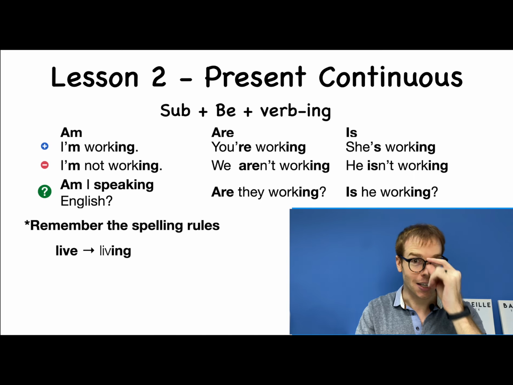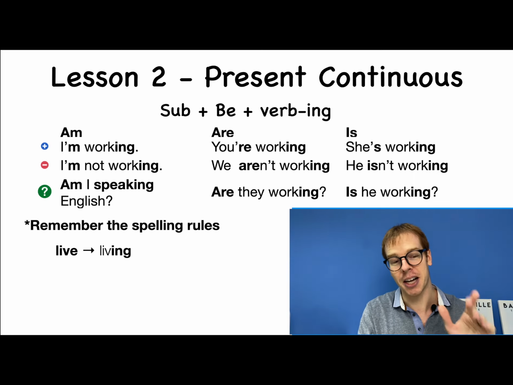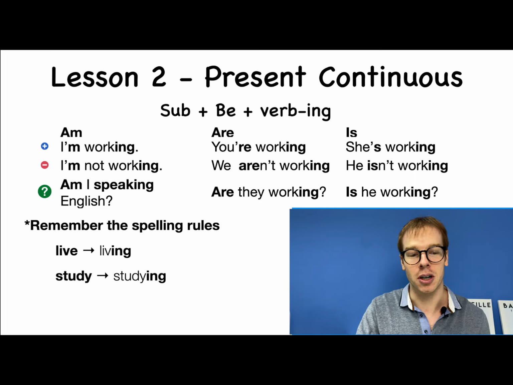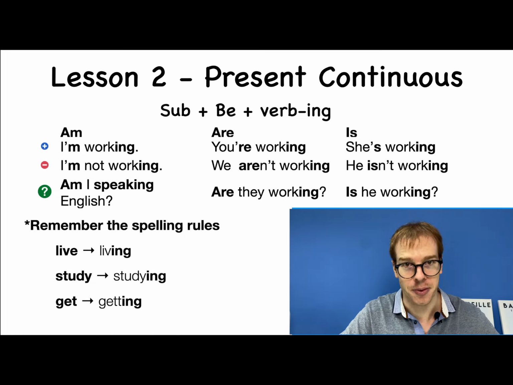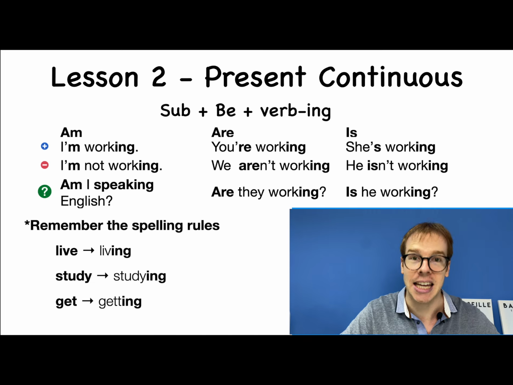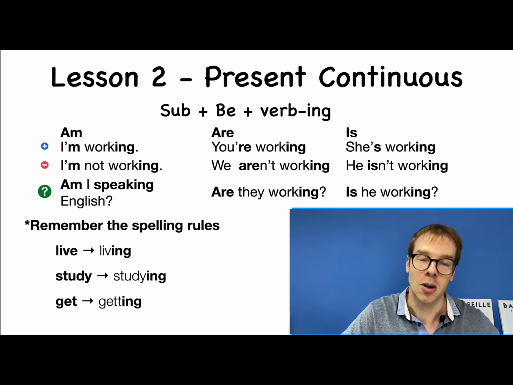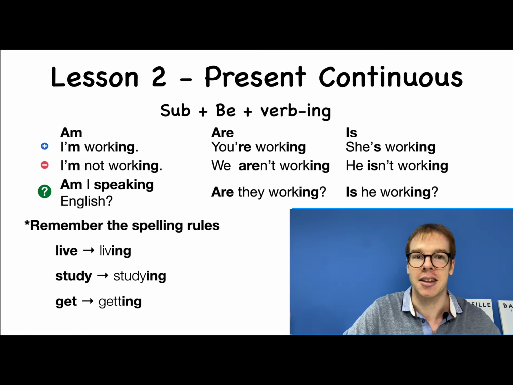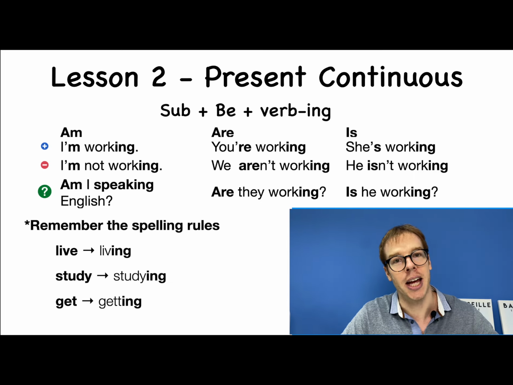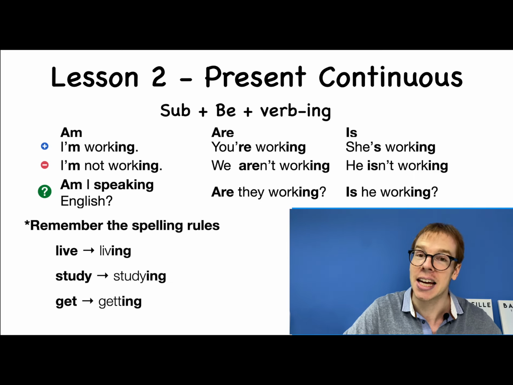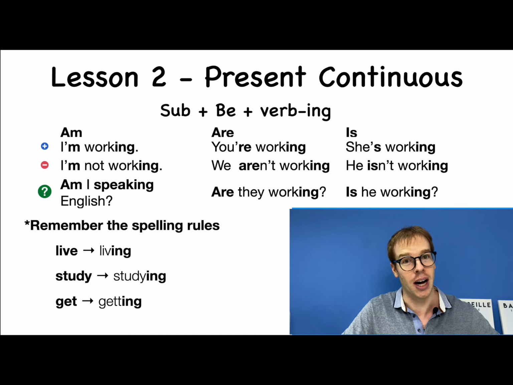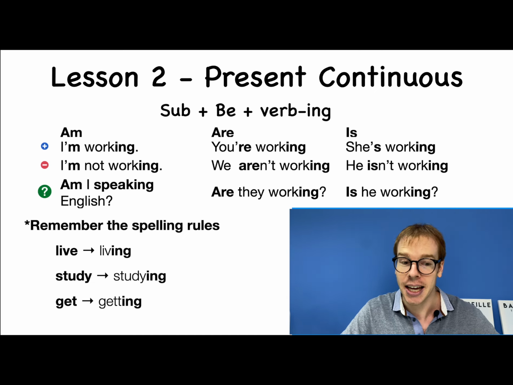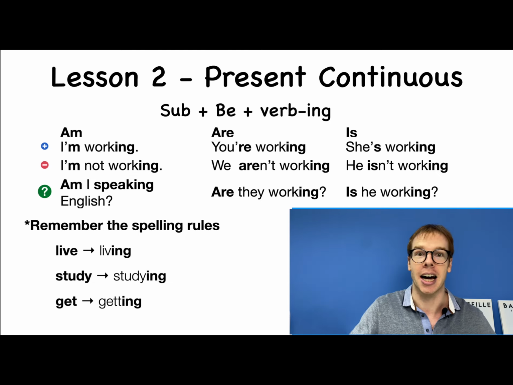Now, when you're writing, for speaking this doesn't matter, but when you're writing, make sure you follow these three spelling rules, okay? If the word ends in an E, like the word live, we're going to remove the E and add the ing. If the word ends in a Y, like study, be careful. It's not like past simple where we change to IED. For studying, we keep the Y and add ing.